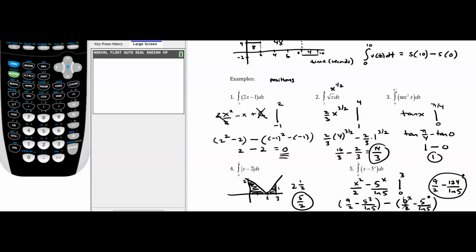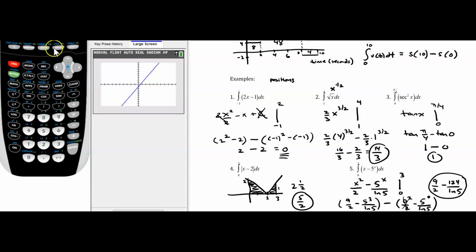For instance, let's go back to, I guess, number 1. So you can plug your function into the y equals menu, and our function here that we're integrating is 2x minus 1. And then you would say, let's just go take a look at the graph real quick. Pretty basic looking line. And we want the net area, the definite integral, evaluated between -1 and 2.